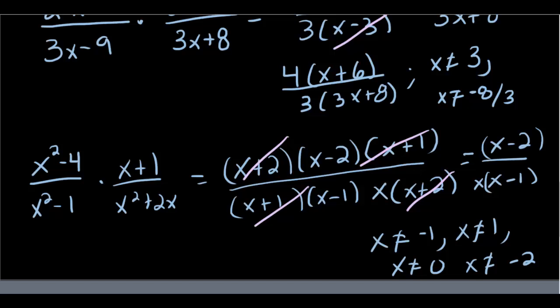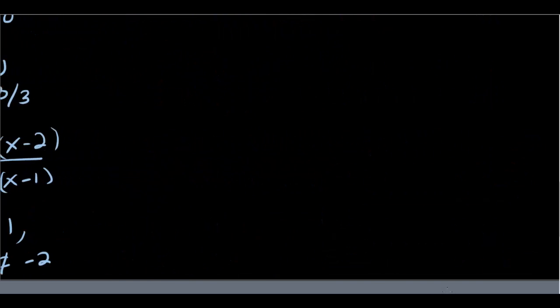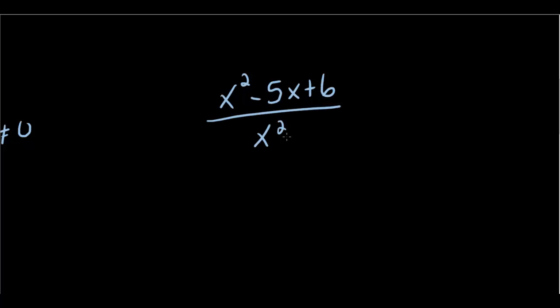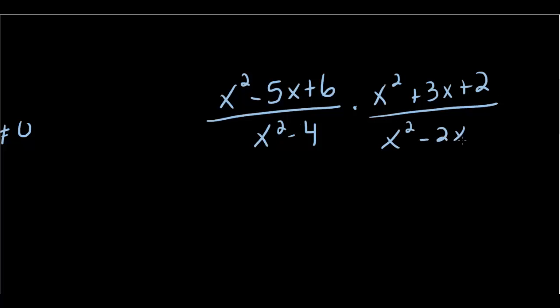We're going to try one more example. It is x squared minus 5x plus 6 over x squared minus 4 times x squared plus 3x plus 2 over x squared minus 2x minus 3. So we're going to factor them.